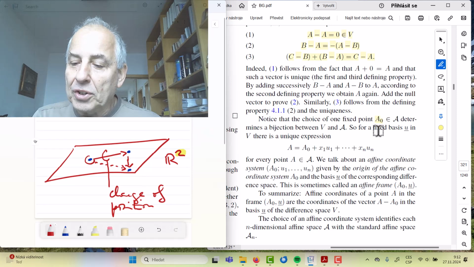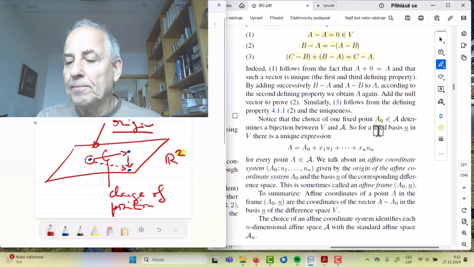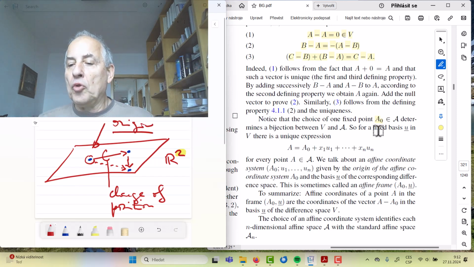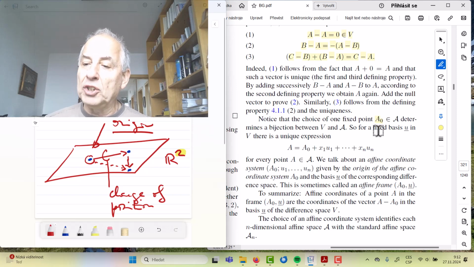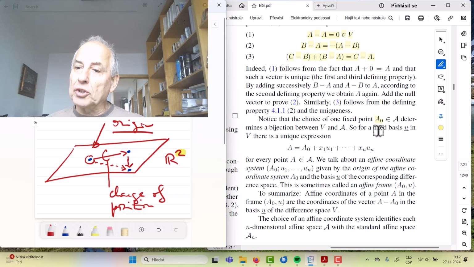So if I just fix this one and call it 0, that will be the origin. Then of course, by the axioms, adding a vector brings me exactly to one point from the origin, and it's uniquely given by the point, I mean the vector. So it's identification of the affine space with the modeling vector space.